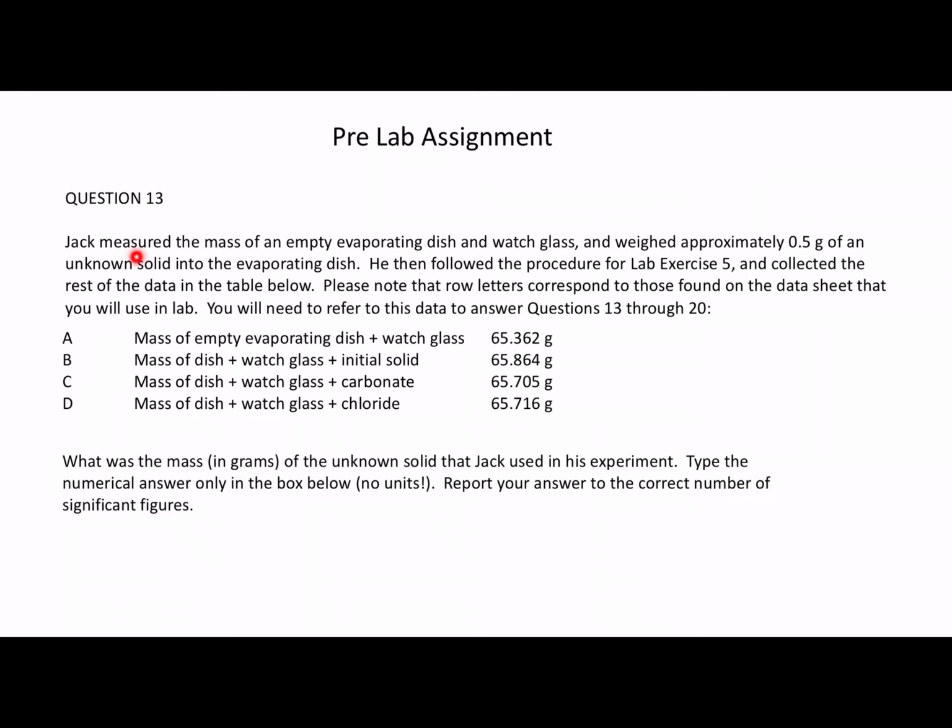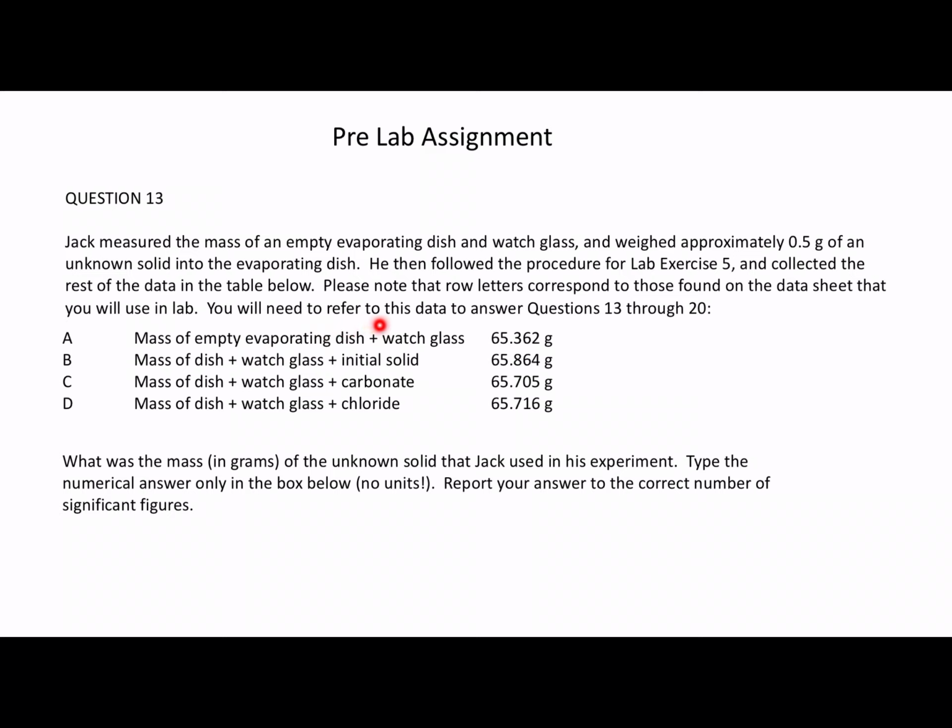So question 13. Jack measured the mass of an empty evaporating dish and a watch glass, weighed approximately 0.5 gram of an unknown, just like our experiment, into the evaporating dish, followed the procedure for lab exercise 5 and collected the rest of the data in the table below. Note that row letters correspond to those found on the data sheet that you will use in lab.